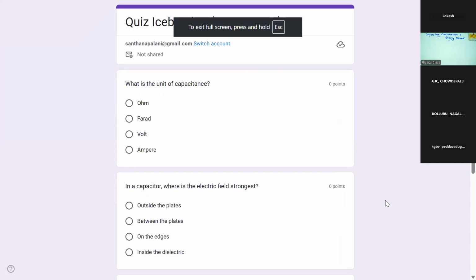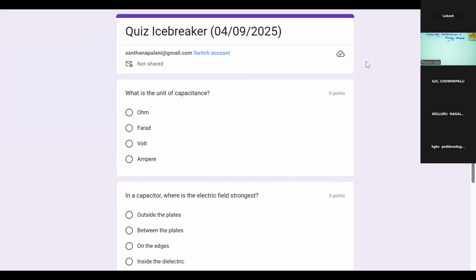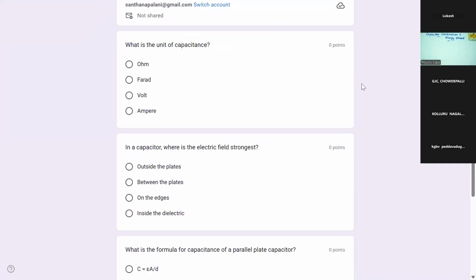This is the first question. What is the unit of capacitance?